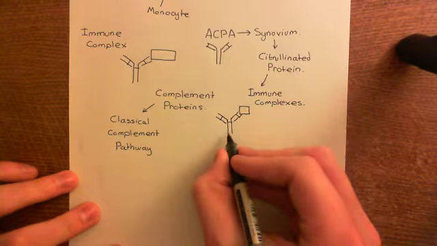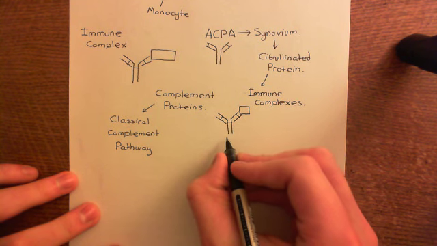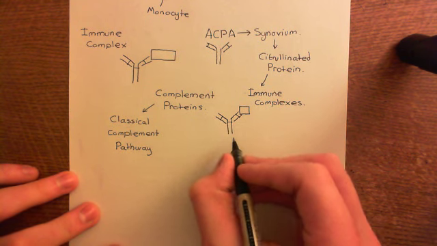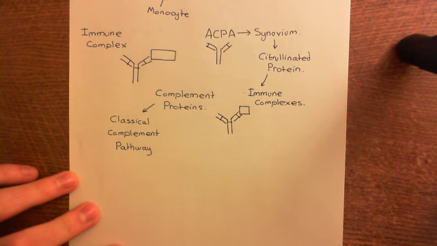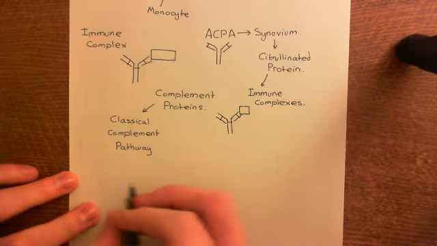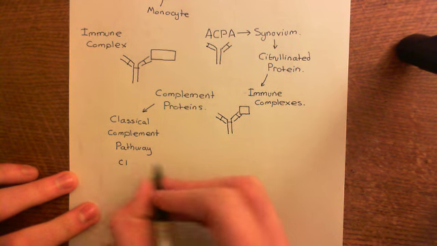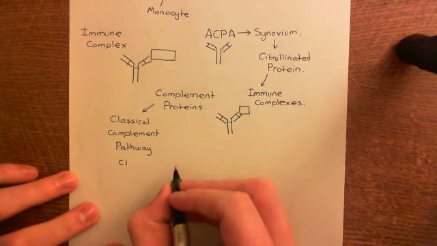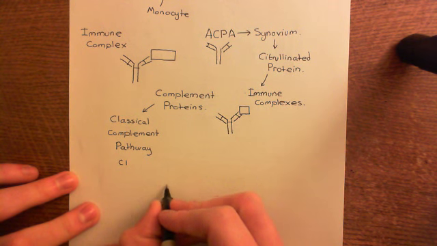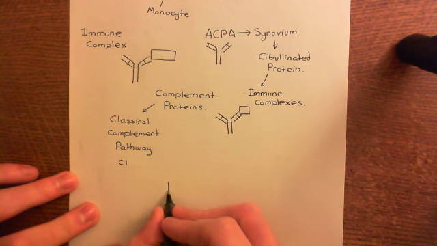Now what's going to happen is another protein complex is going to bind. So the C1 protein complex is going to bind. Now let me just show you the structure of the C1 protein complex. C1 protein complexes consist of 10 separate proteins all put together.